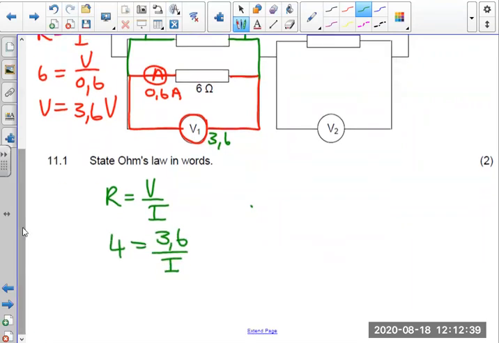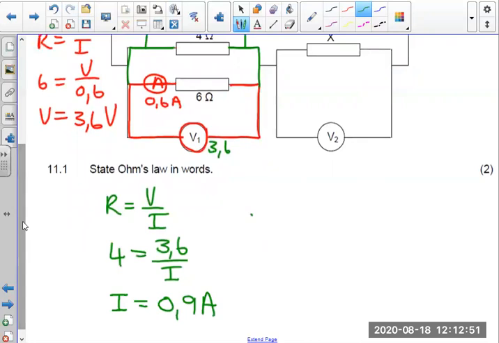So the current is going to be equal to 3.6 divided by 4, which gives us a total of 0.9 amps. Okay. So that means if I had an ammeter reading there in the green part, it would have been 0.9 amps, which must be a bit more than in the 6 ohm, because the larger the resistance, the smaller the current.